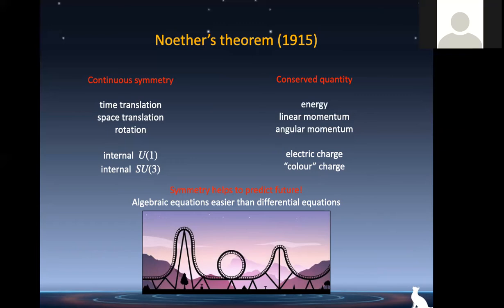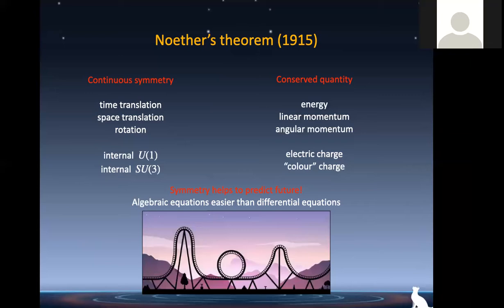But I want to finish the list, the shopping list, with the motivation behind it, which is why do we care about revealing symmetries and then finding conserved quantities. I go back to what I said at the beginning in the why slide. Symmetries help us to predict the future, or to answer some questions on the future, or to put constraints on the evolution of a system.